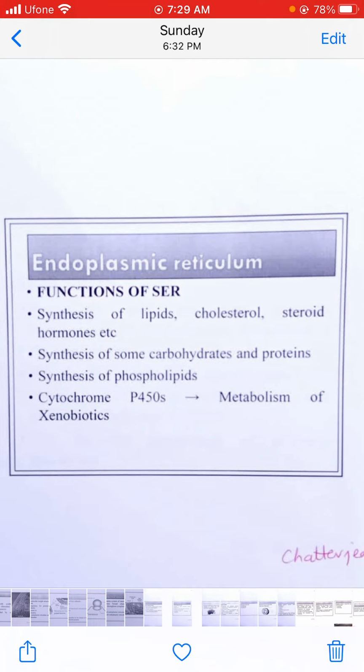This cytochrome P450 monooxygenase system is made to metabolize the xenobiotics. What are these xenobiotics? These could be different drugs. These could be any foreign compounds, like drugs, like pollutants, like other chemicals which are present in different foodstuffs, etc.